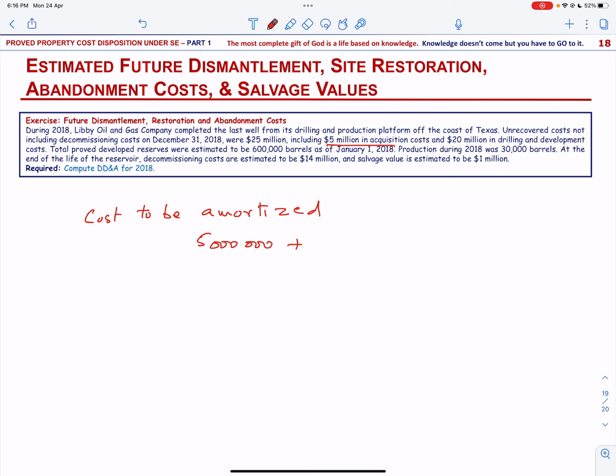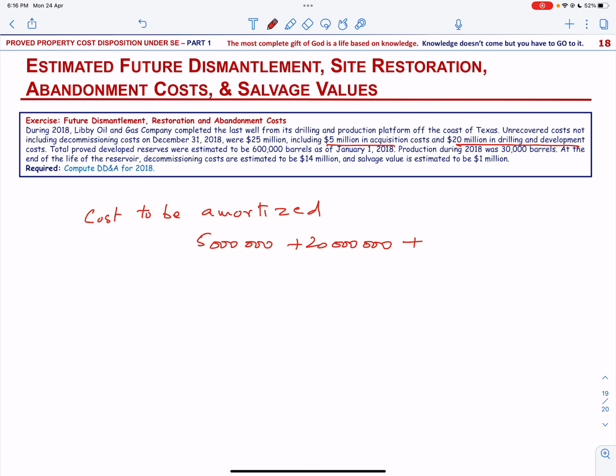To this we are going to add 20 million in drilling and development cost. So 20 plus 5, 25.